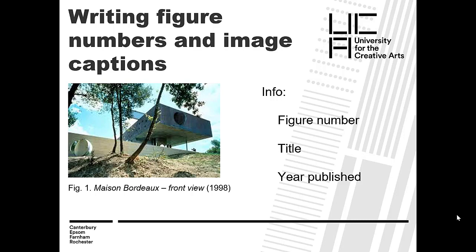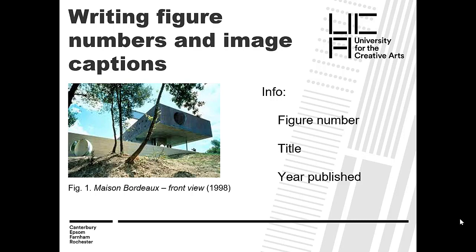If the image you are using is a named photograph or work of art, you should just use that name as its caption. If your image does not have a name, your caption should simply describe what the image is. So in this example here, I've given the title of the building and then put front view, because it's a front view. The caption or title of the image must be placed in italics.